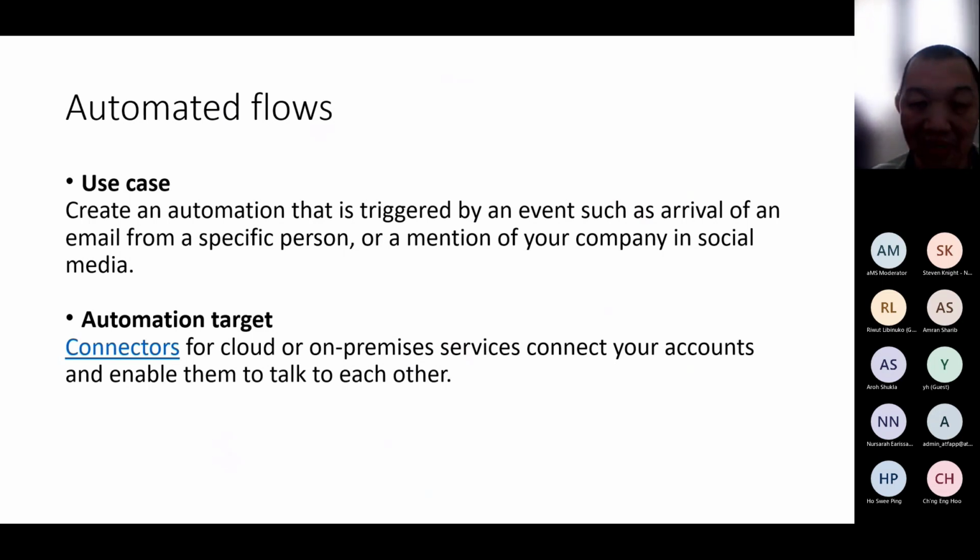Okay, so automated meaning that, I give you a scenario, right? When you receive an email, the Power Automate detects you have an email received, then the flow will trigger.